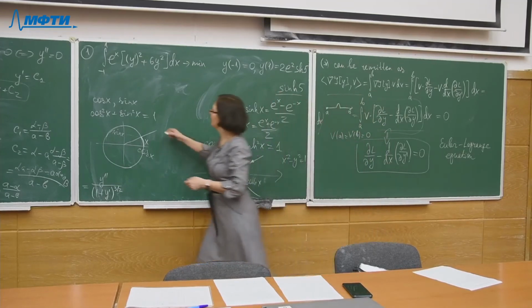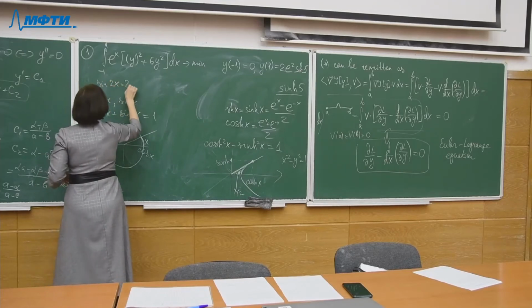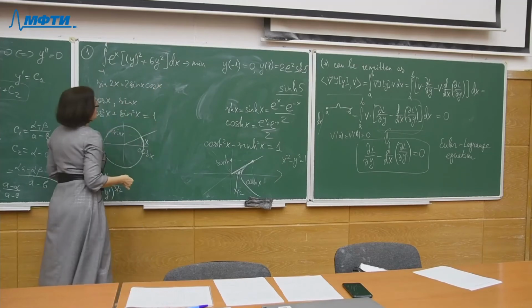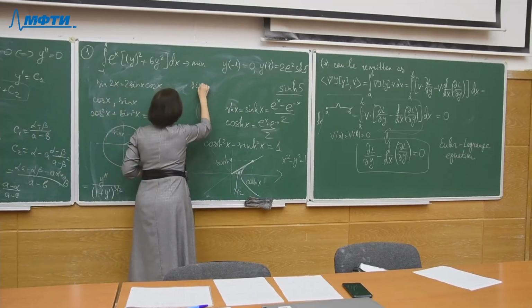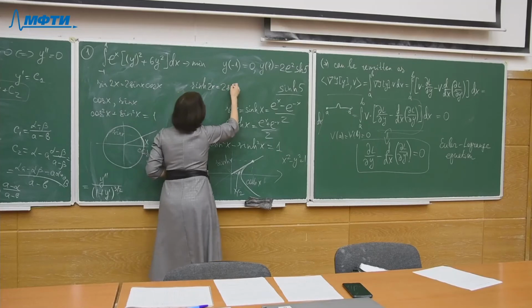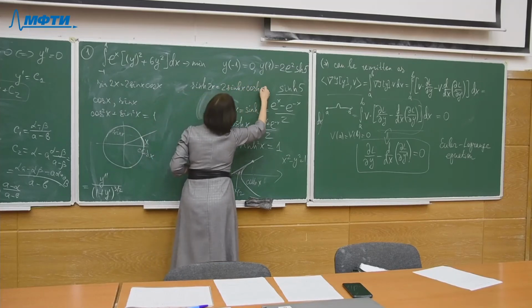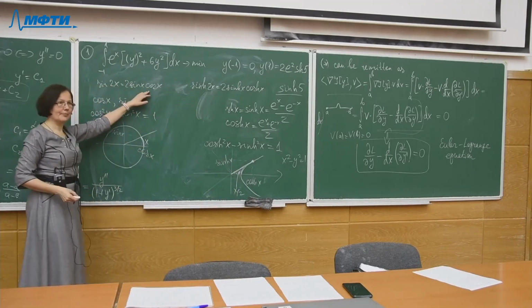For example, sin 2x is equal to 2 sin x cos x. For the hyperbolic functions, sinh 2x is equal to 2 sinh x cosh x. So the same double angle formula.